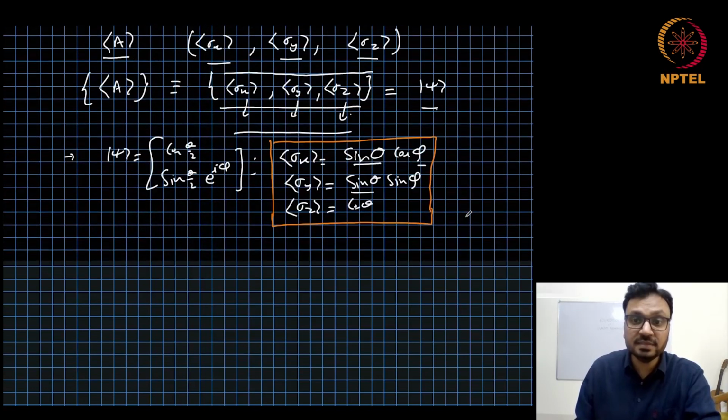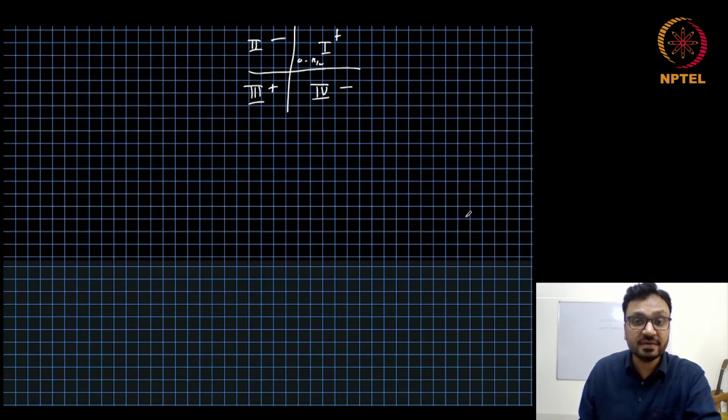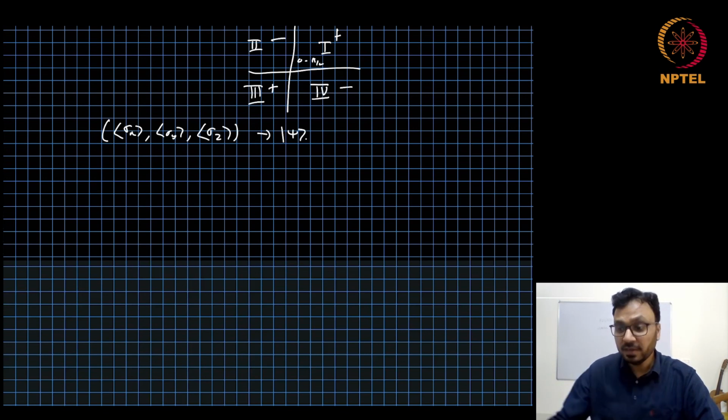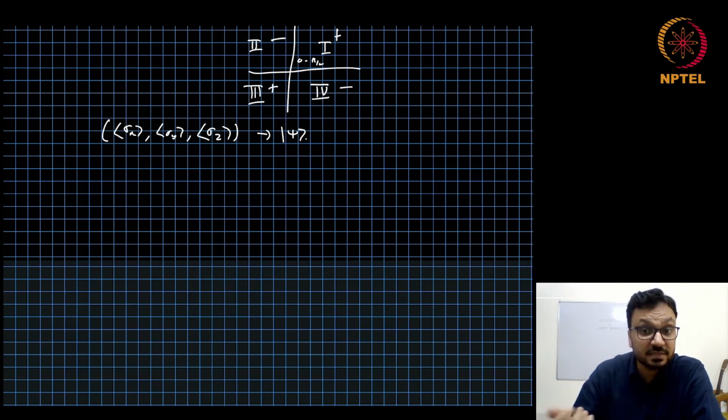Hence, with these three quantities, we can find theta and phi, and hence we can get the state from this experimental data. So by performing measurements and with the measured quantities, we can estimate the state psi.